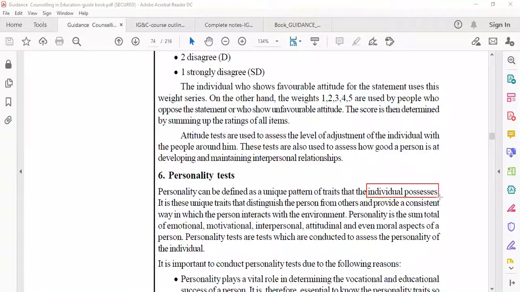What is personality? Personality is basically the appearance of a person, in which all components are included, either physical or abstract. In a personality test we study the person's behavior, which is also part of personality.